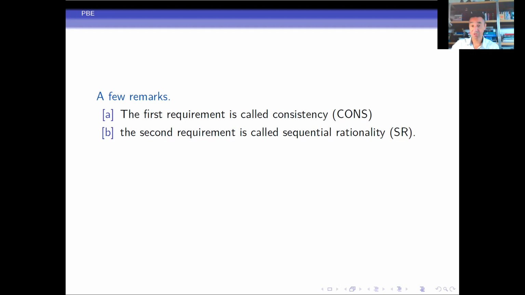The second requirement is called sequential rationality, meaning that you should not only be rational at the start of the game, which mainly means that you play a Nash equilibrium, but that you are rational in every information set, just like subgame perfect equilibrium requires you to be rational in every decision node and see what happens onwards. So sequential rationality is an attempt to use the notion of backwards induction in situations where the information sets are not singletons.